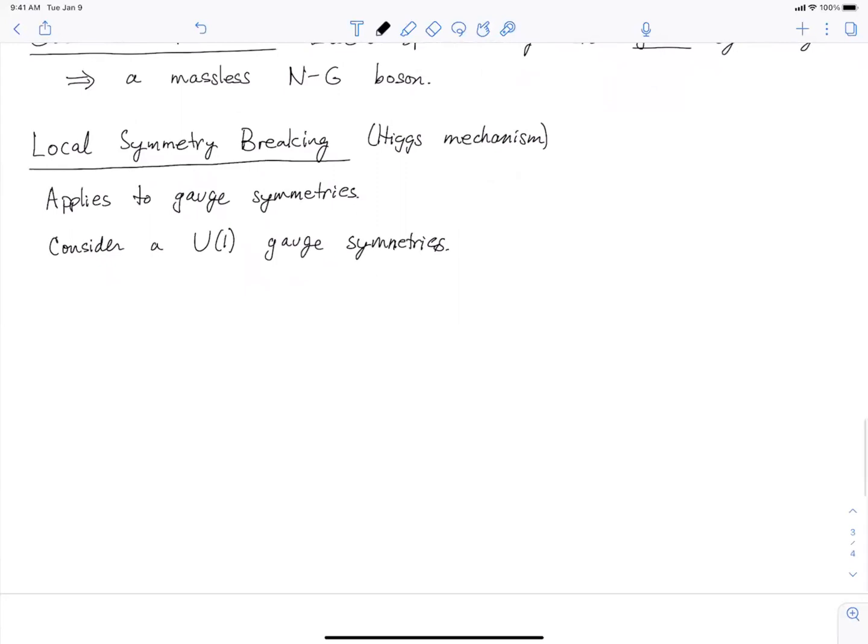But let's say, for example, you have some fermion field and it transforms like this: e to the i Q theta of x, psi of x. So Q is the charge, and theta of x is a gauge parameter which depends on position now.